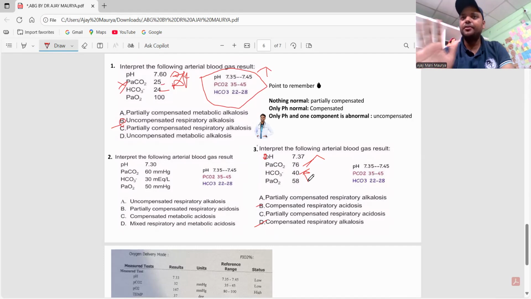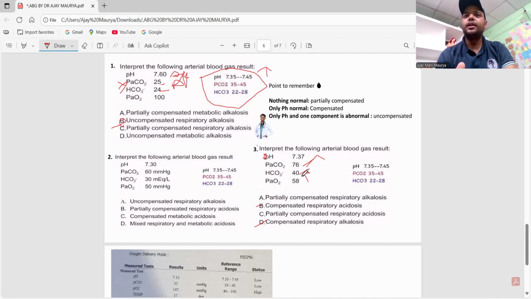Just remember, normal pH is 7.35 to 7.45. Here normal is 22 to 28 for bicarb. Which value is more here?